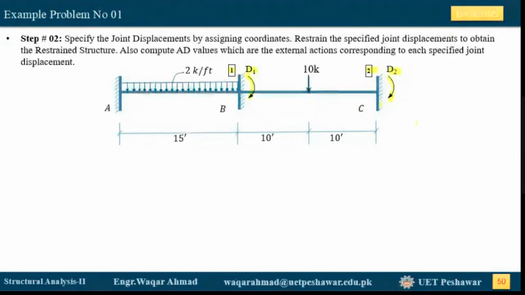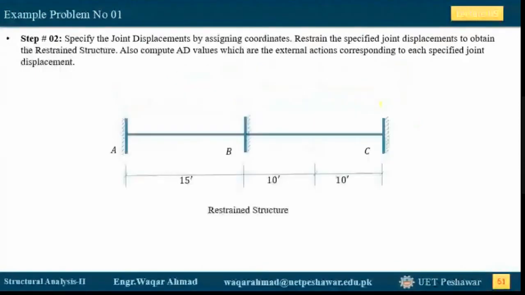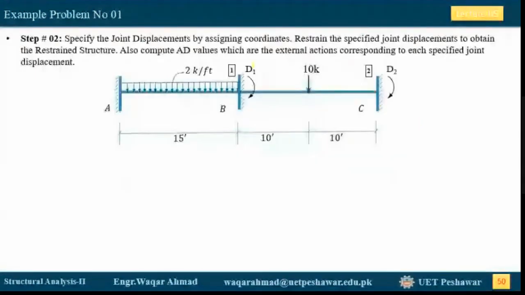Now, what are the values of V1 and V2? So we need to find the values of V1 and V2. They are unknown. And what are the values of AD1 and AD2, which are the values of the actions corresponding to the specified displacements?